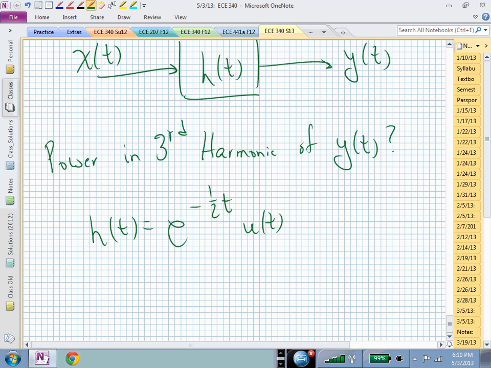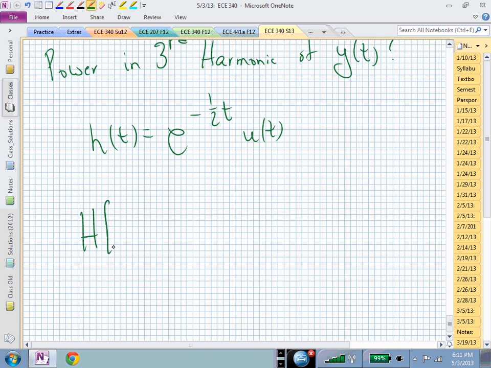If you can't today, hopefully you can by Wednesday. Right? What's the transfer function? What's the Laplace transform of little h of t? What is capital H of S?